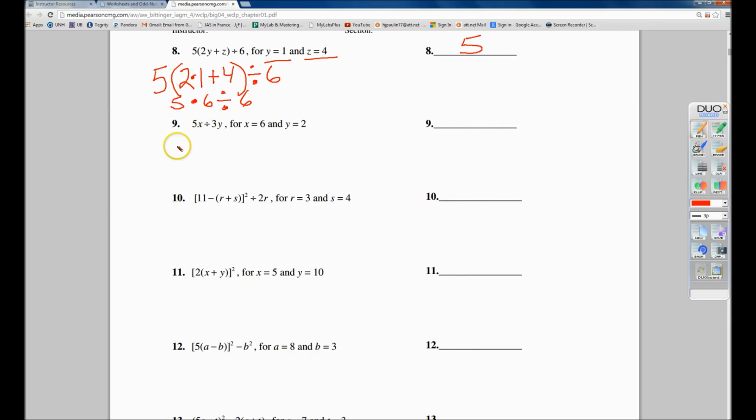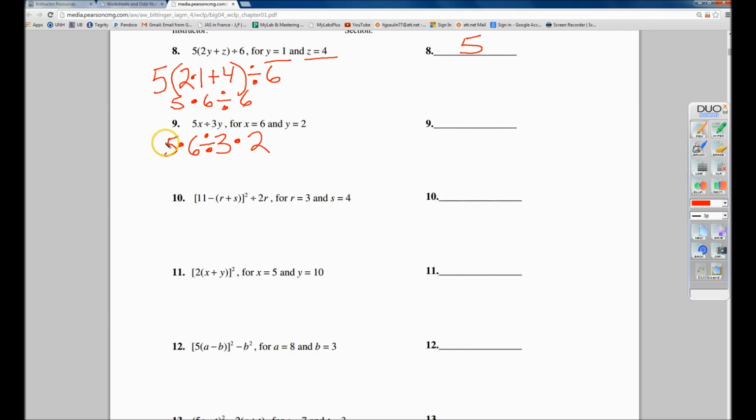Now, here's a case where you have to be careful. It's 5 times x. X is 6. Divided by 3 times 2.